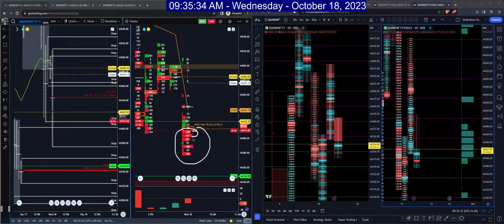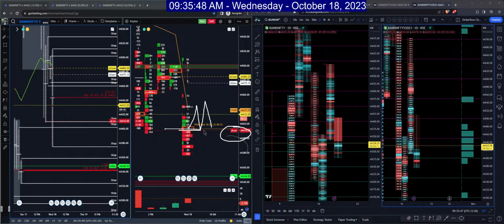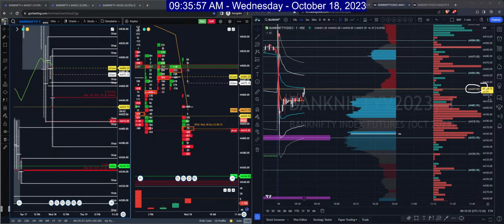About 1.7k sellers are trapped below the previous day's low. So I'm expecting choppiness, but it is not breaking the previous day's low. It has reached the 427 level, and I am seeing a seller here.